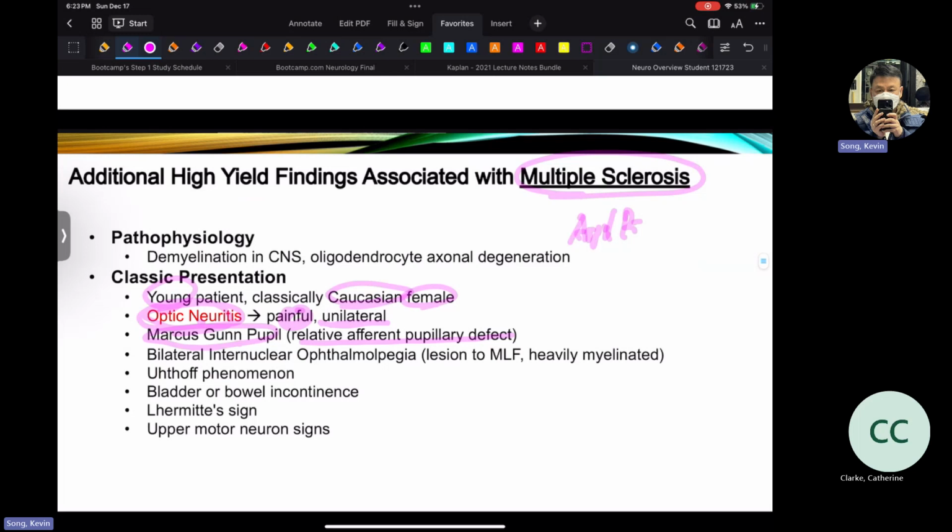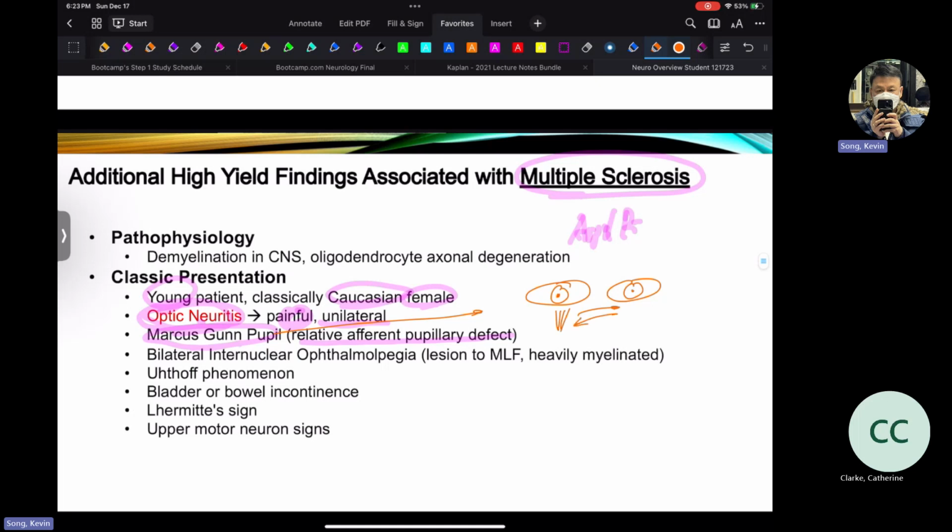In fact, they have the same kind of pathophysiology. For instance, here is a pupil, and you shine light here, then switch here and then come back.